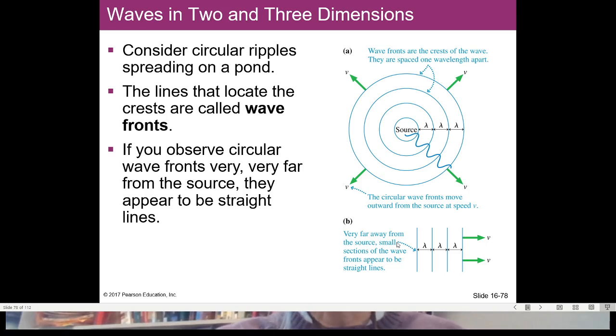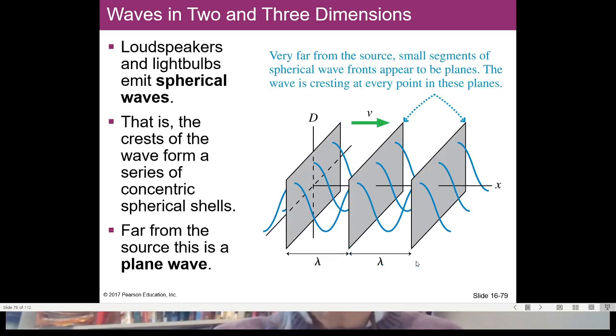So if you're very, very, very far away from the source, small sections of the wave front look like straight lines. So we're going to make that assumption that we're very far away from the source, and we're going to think of our wave fronts as planes. Okay, so that's where we get this idea of the plane wave.